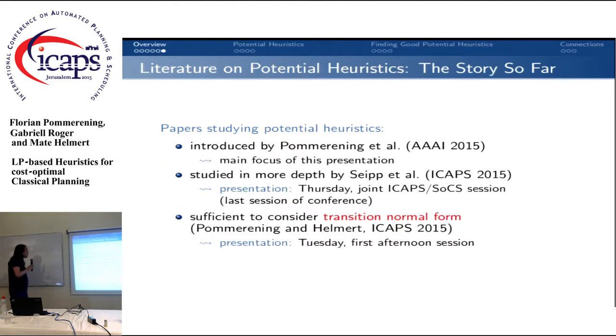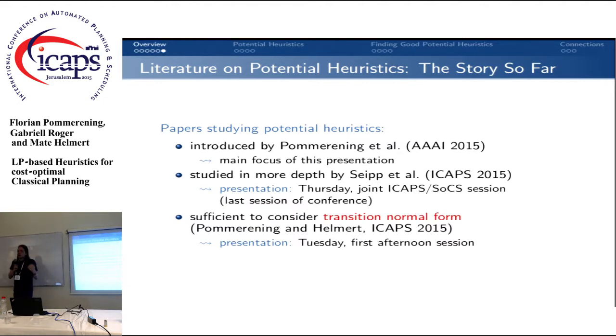Okay, before I go into the details, let me again advertise a few presentations. This idea was introduced this year at an AAAI paper, and this provides the background for all the follow-up work. This is where the potential heuristics come from, where we have the theoretical results and so on, and this is what we will mainly present here.